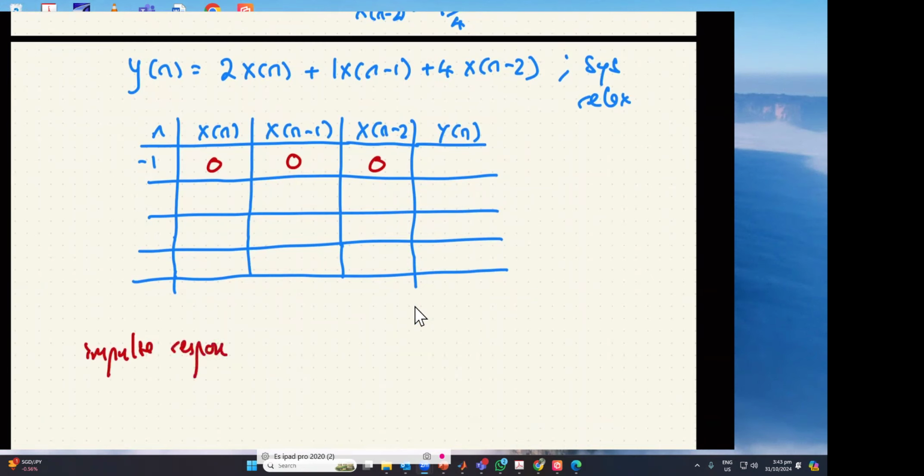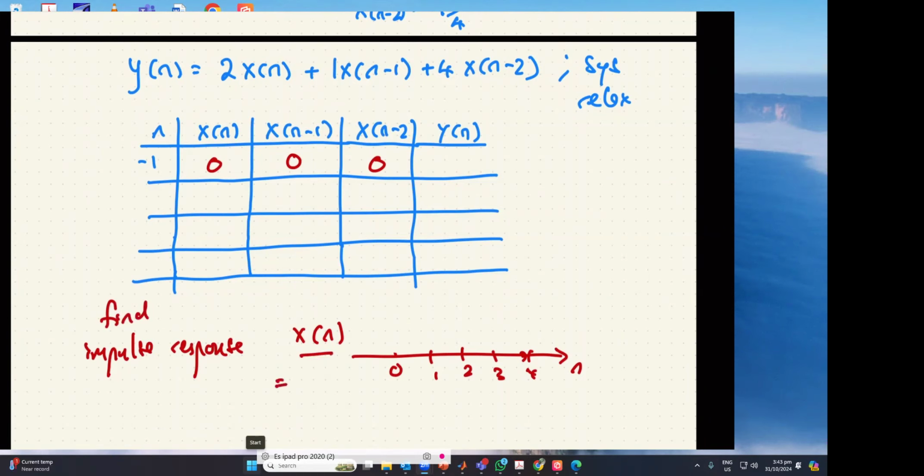If I want to find the impulse response, what does Xn look like? If this is 0, 1, 2, 3, 4, and this is n, what does Xn look like, guys? If I want to send an impulse, if I want to get an impulse response, Xn must be equal to delta n.